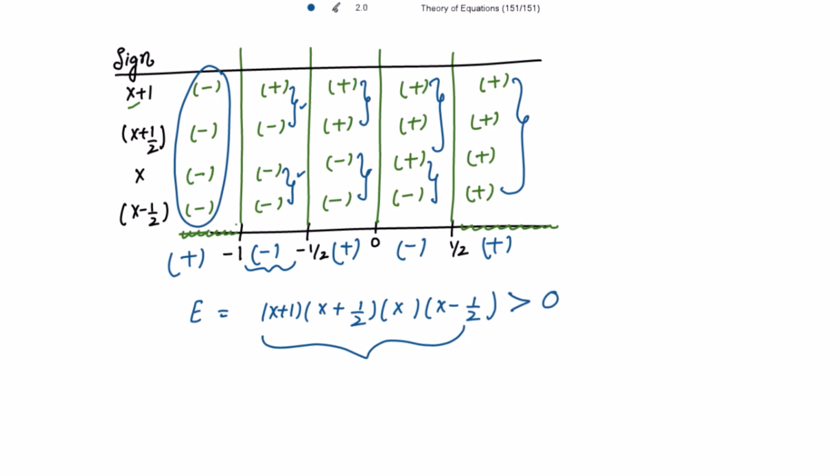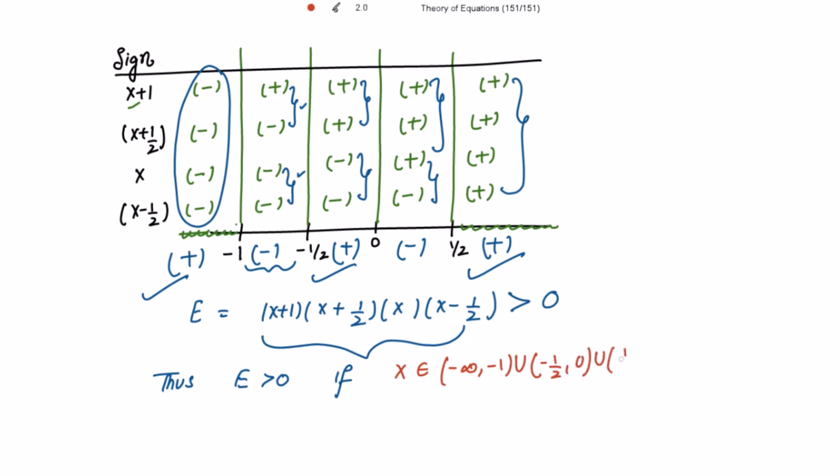Let's take the union of those intervals for which E is strictly positive. So where is E positive? In this interval, and in this interval. So thus, E is positive if x belongs to, the first interval from minus infinity to minus 1, union from minus 1/2 to 0, union from 1/2 to infinity.